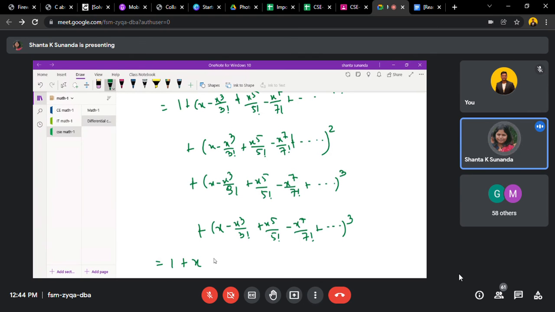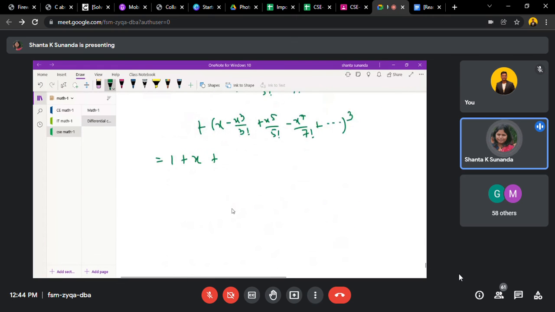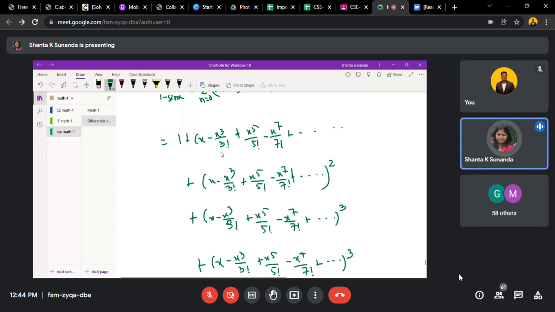Now you look at the next term, you have x cube by 3 factorial. If you square it, you are getting x square. So x square will come here also and here also. The third term will be x square.